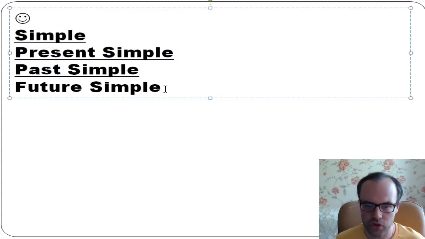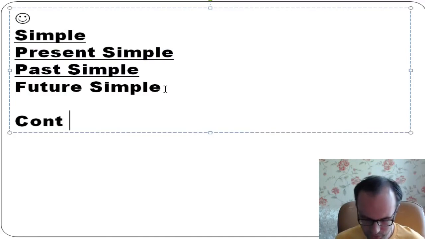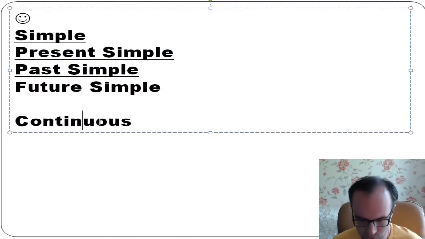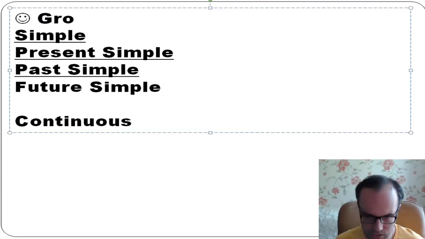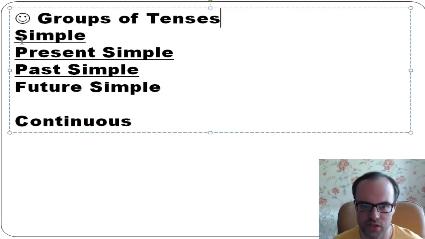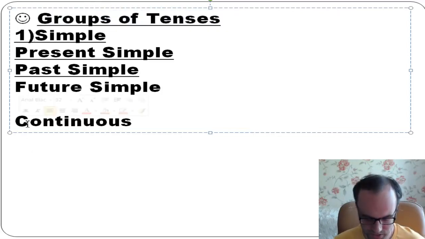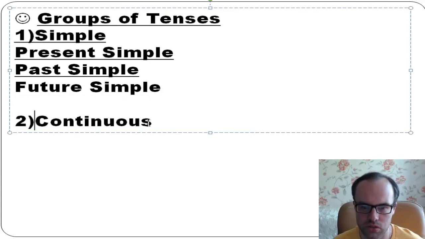We also need to talk about future simple, and we talked about the continuous group of tenses. So the first is a simple group, and the next one is a continuous group.